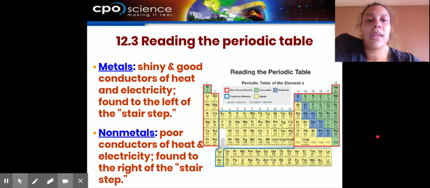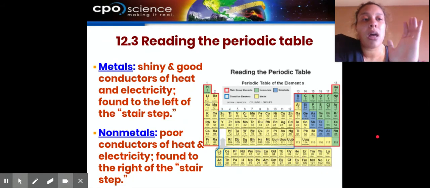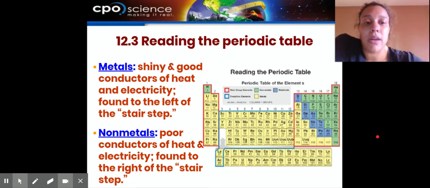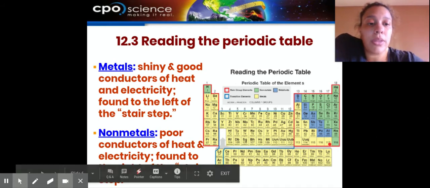One of the main features was Mendeleev was able to put all the metals on one side of the periodic table for the most part, and the nonmetals on the other side of the periodic table. So all these yellow elements, and note that our book is a little dated. We know that these actually have names now, and they were found and identified.